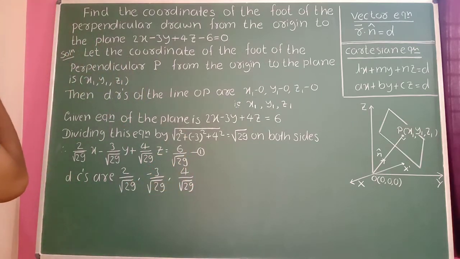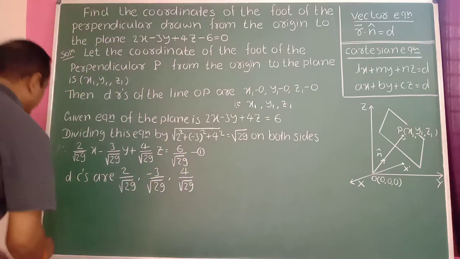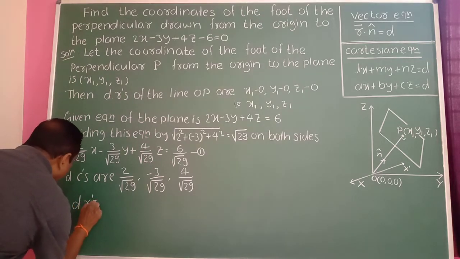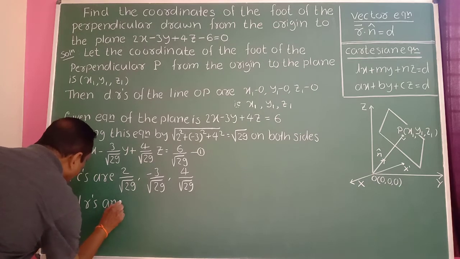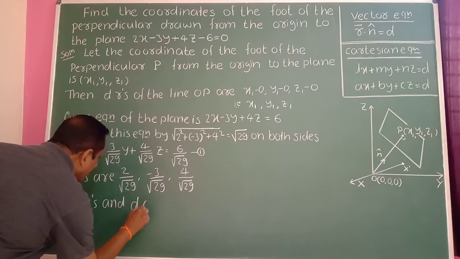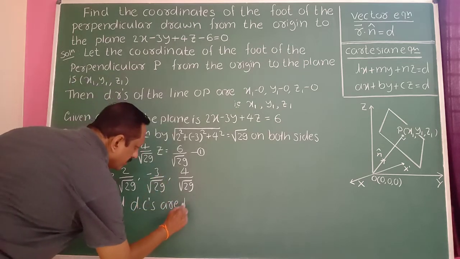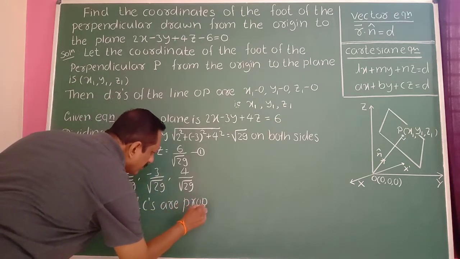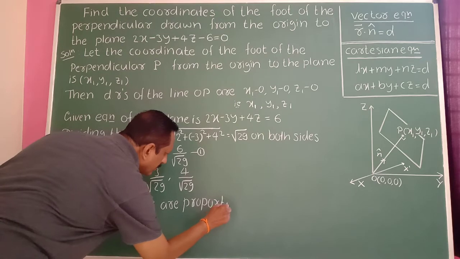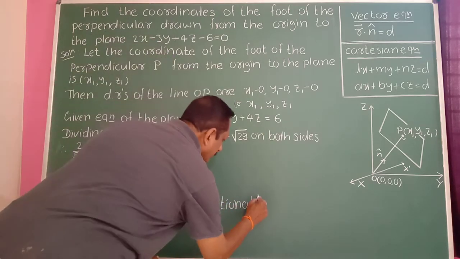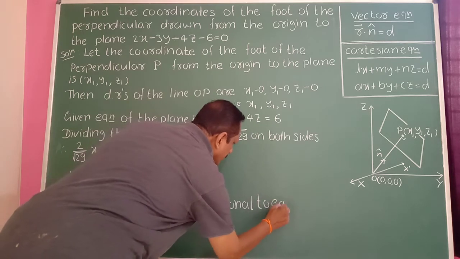Direction ratios and direction cosines are proportional to each other.